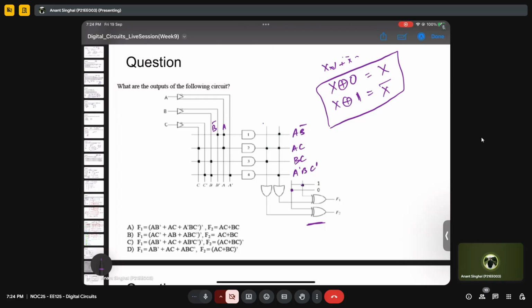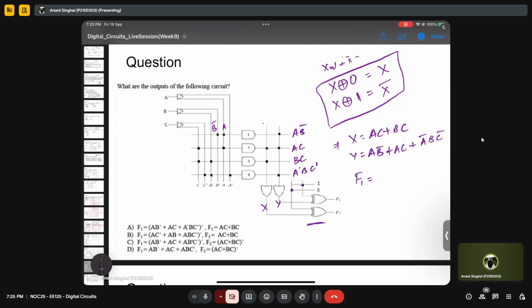Maybe I'm calling this X and this Y. So X will be AC plus BC. Y will be A B bar plus AC plus A bar B C bar. Is it clear to everyone?